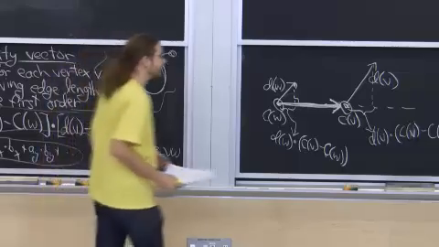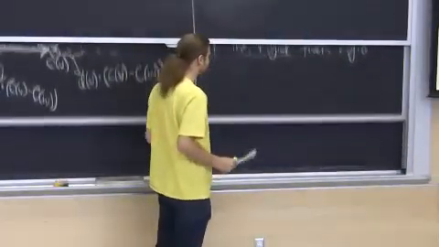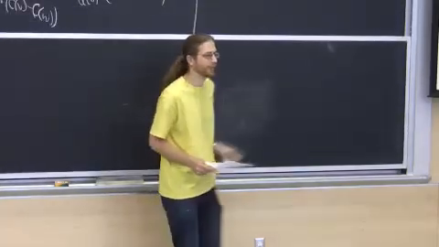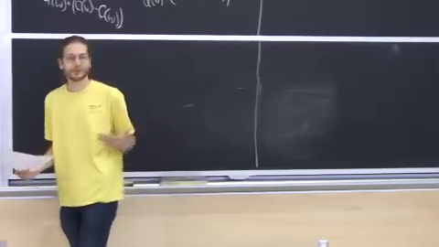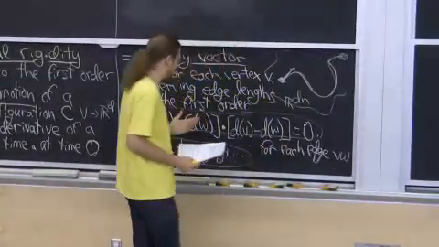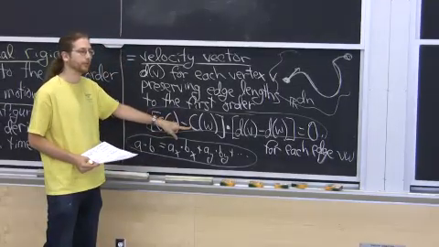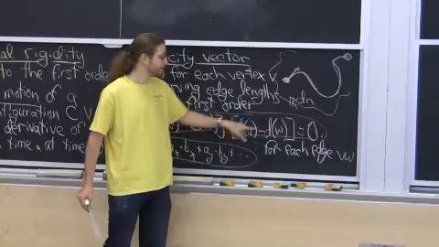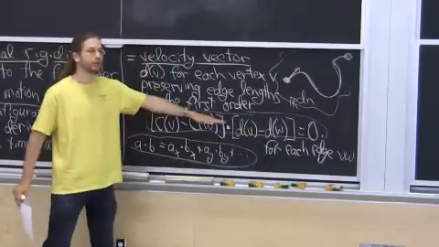All right, so how do we tell whether something's infinitesimally rigid? Because somehow that's useful to us. Well, there's a saying that everything is linear to the first order. Sort of a tautology. And all you need to observe is that this constraint is linear in what we don't know. So I want to know, is there some set of velocity vectors, d of v and d of w, for all the vertices, so that these constraints hold?